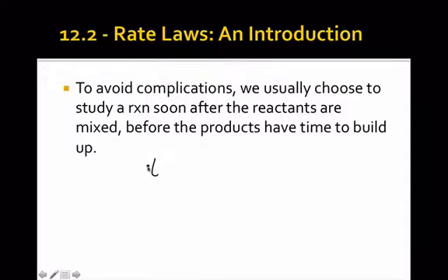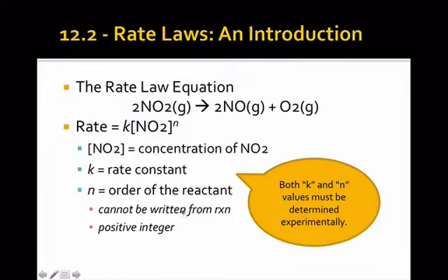We want to do this as close to t equals 0 seconds as possible. So we want that initial instantaneous reaction rate. Right when we mix them, what happens? That allows us not to have to worry about the reverse reaction. It's more true to what's going on with just the forward reaction, which is usually what we're studying.